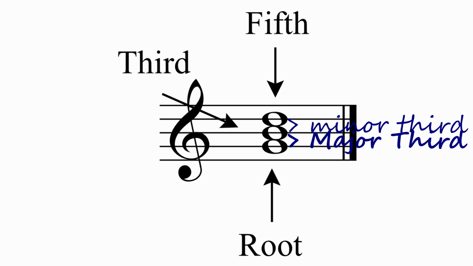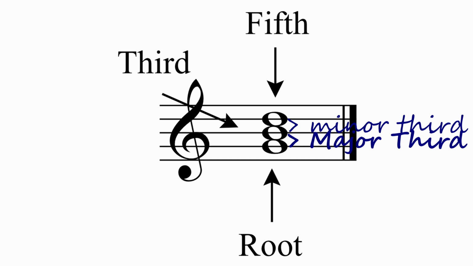And then from the third, you go up 3 half steps to get the 5th, which is a minor third away from the 3rd. Pretty confusing when saying it out loud. So it sounds something like this, as I showed earlier.